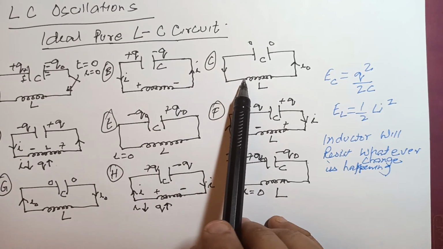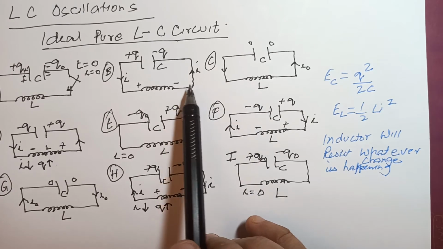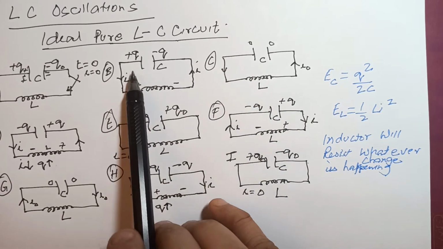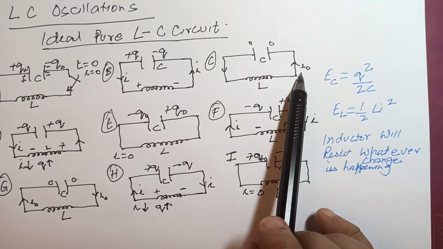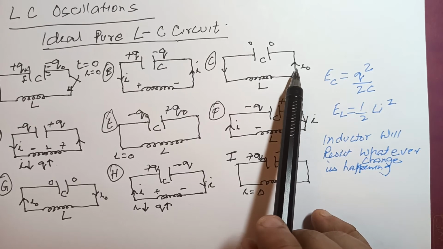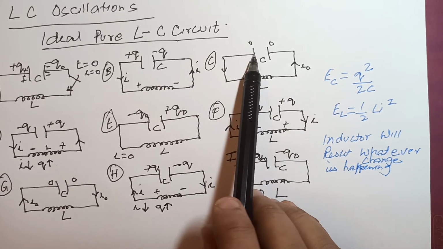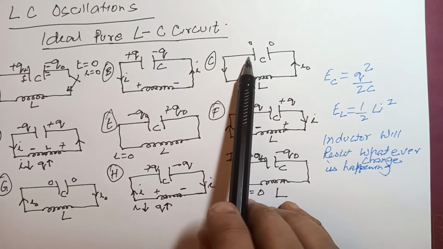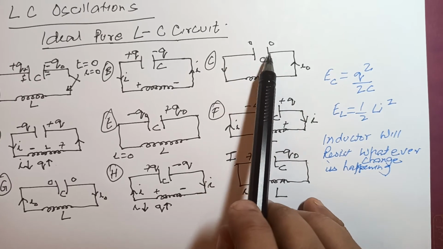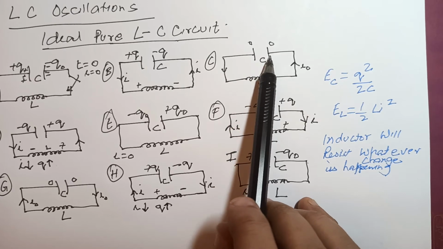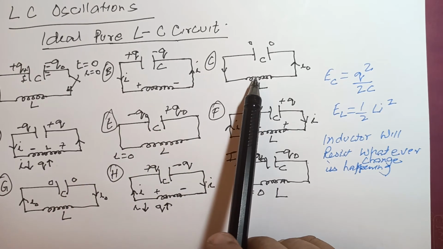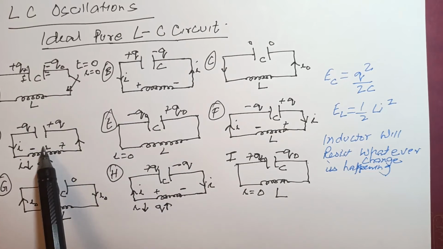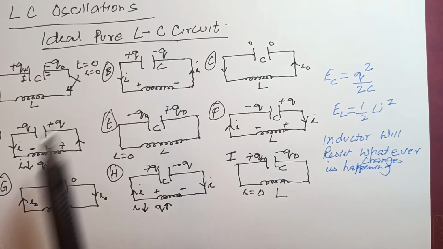In due course, this current will get to the peak level, which is I naught, the peak current. By then all the electrons will have flowed from here to here, and the potential difference between the capacitor plates will become 0. Very good. Before I come to the fourth one, let me take a step back to the second one.